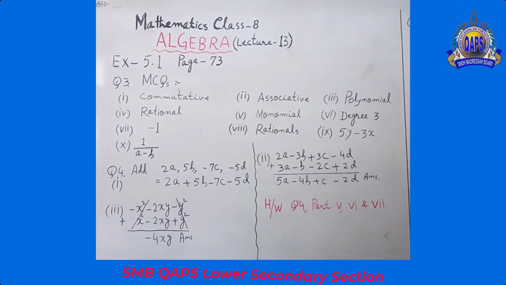Now, number 7. In the expression 5a square minus a minus 4, the coefficient of a is dash.